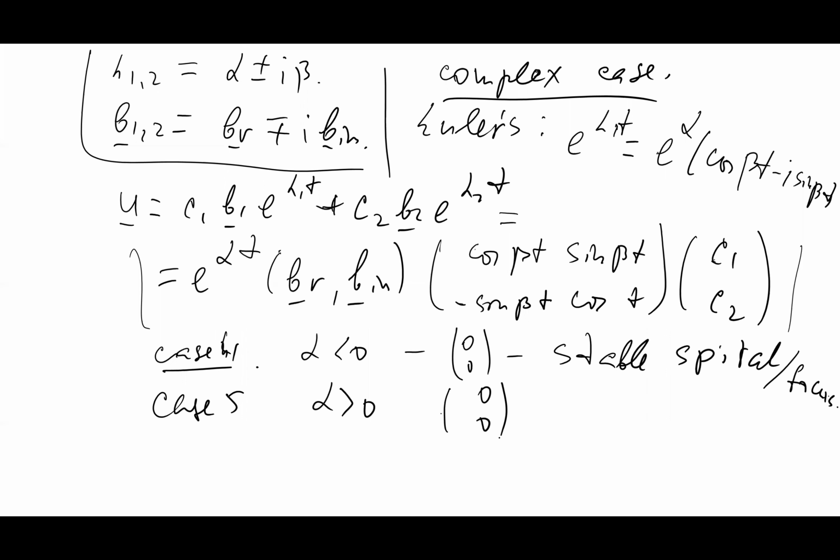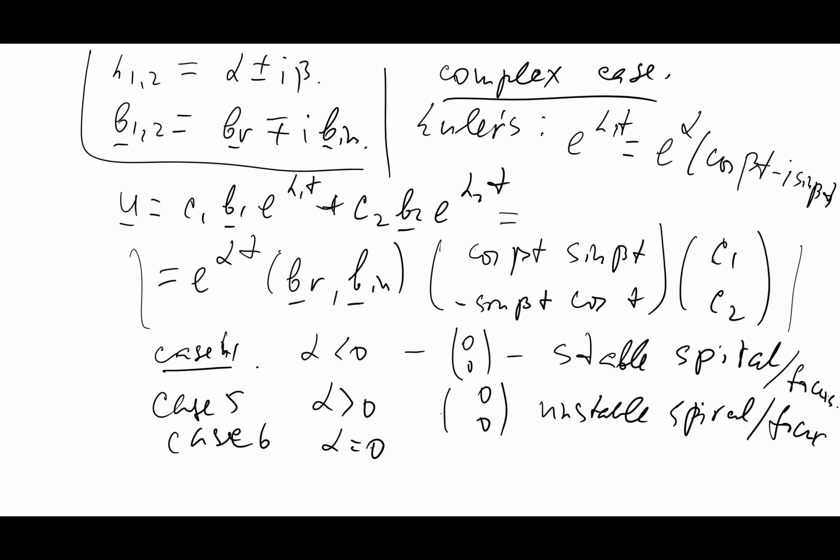Then 0, 0 is unstable spiral or focus. And then case 6, when alpha equals 0, in this case 0, 0 is Lyapunov stable, so it's not asymptotically stable, it's not unstable either, and it's called center.